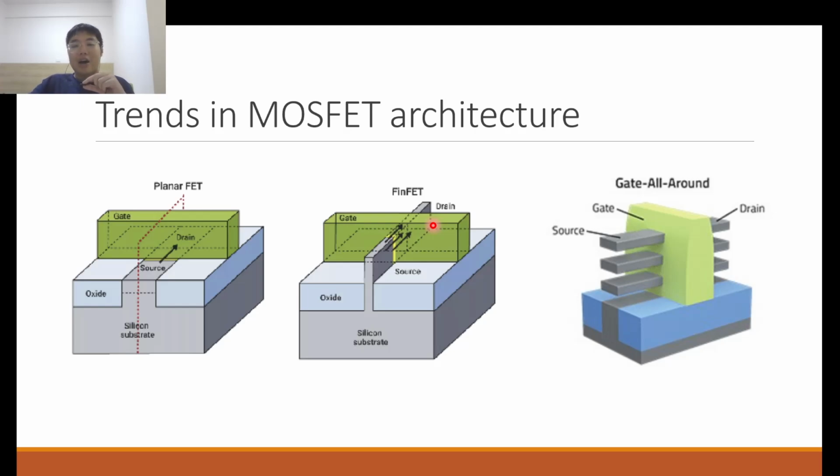However, with the FinFET architecture, Intel was able to downscale their channel length to below 20 nanometers, like 17 nanometers, and still maintain extremely good electrical properties.